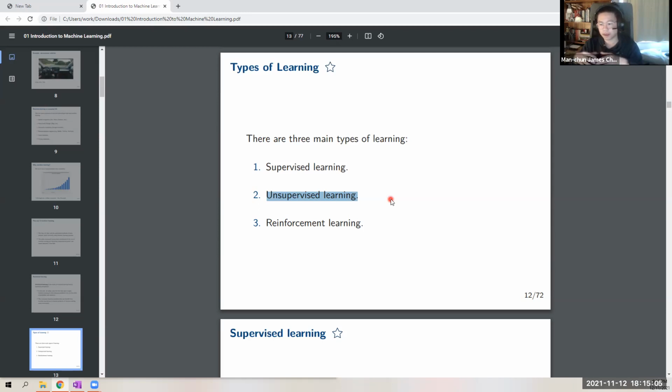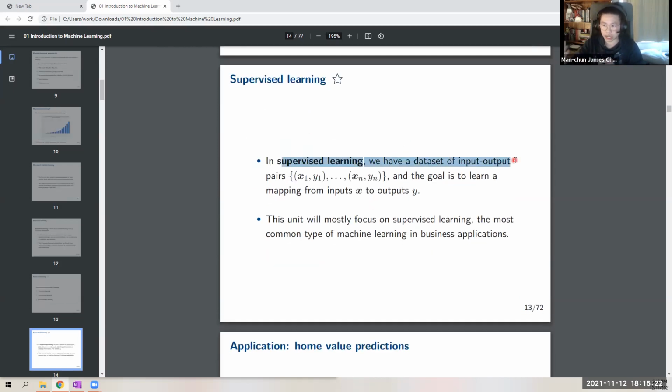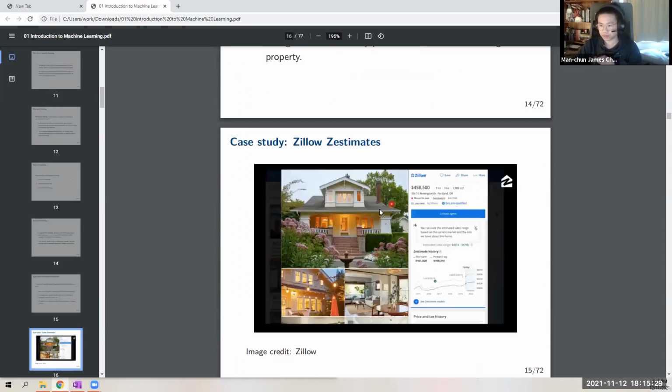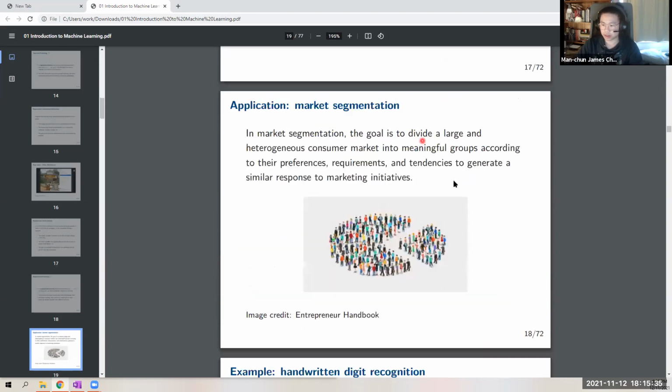Then you have reinforcement learning, which is the most interesting of these three. To recap, in supervised learning we have input and output pairs, the inputs and the targets, and in unsupervised learning we just have the inputs, and the whole point is to find interesting patterns.